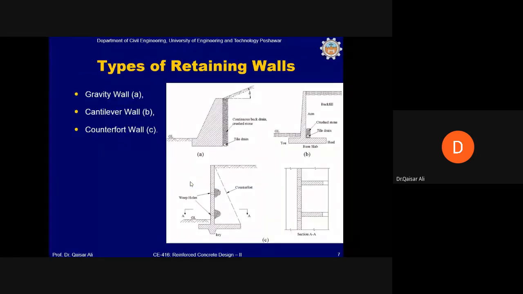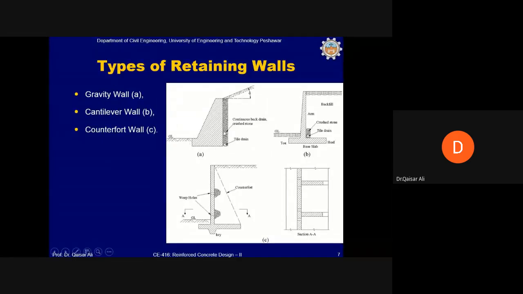Some types of retaining walls. These are typical types of retaining wall. A typical type of retaining wall is a gravity wall, which is used for small heights up to 10 feet or so. These retaining walls are called gravity walls because they resist all the actions coming from the retained soil due to the weight of the retaining wall.